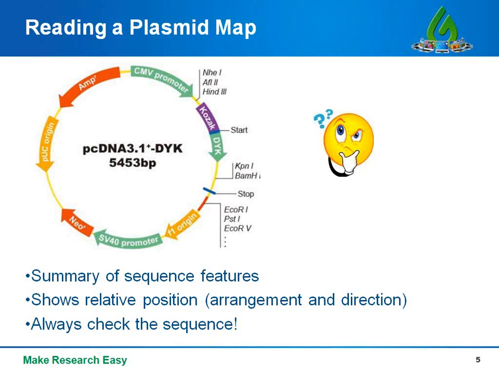And on a smaller scale than is visible here, it's critical to ensure that when you clone in your gene of interest, it gets inserted in the same open reading frame as any fusion tags, such as the DYK tag or FLAG tag that's shown here. To get that nucleotide level resolution, you'll need to consult the full sequence. A map should always be accompanied by the full sequence of the plasmid.